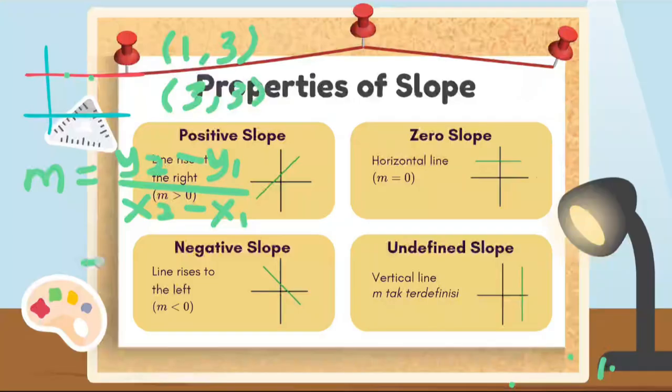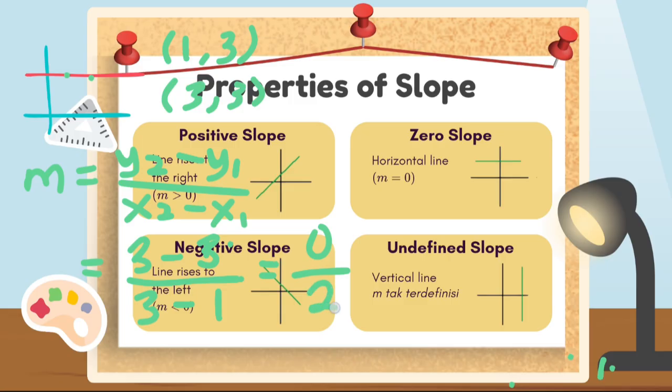So this is equal to 3 minus 3 divided by 3 minus 1. 3 minus 3 is 0 and 3 minus 1 is 2.